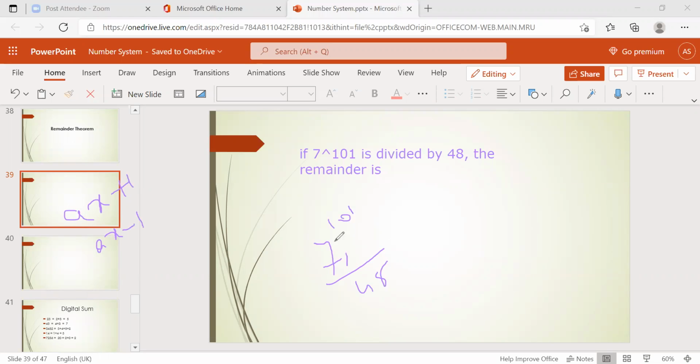But here it is 7 only. Then how are we going to write this as 48 plus 1 or 48 minus 1?